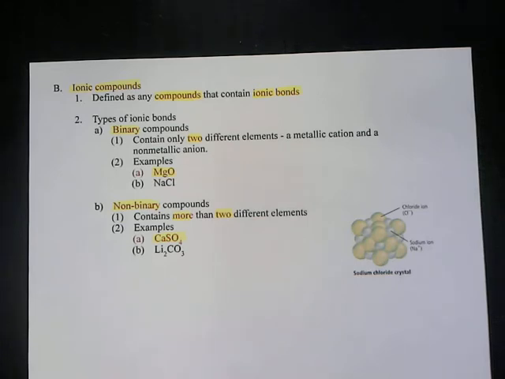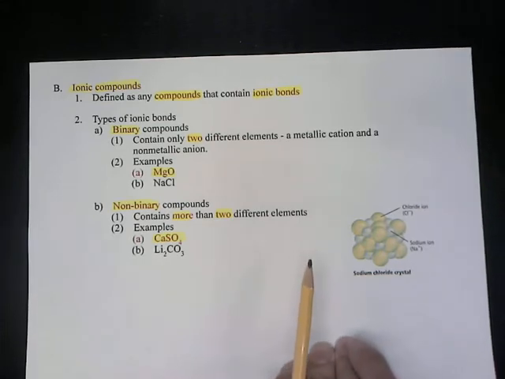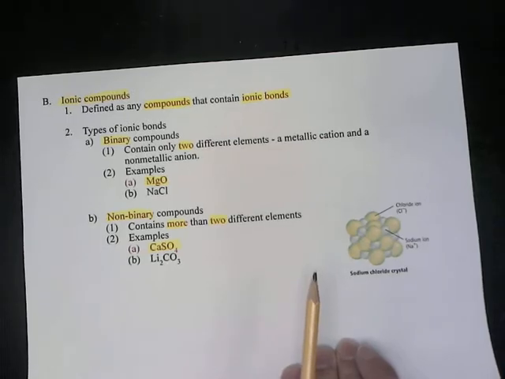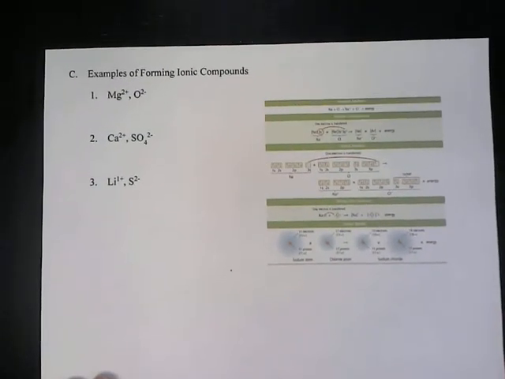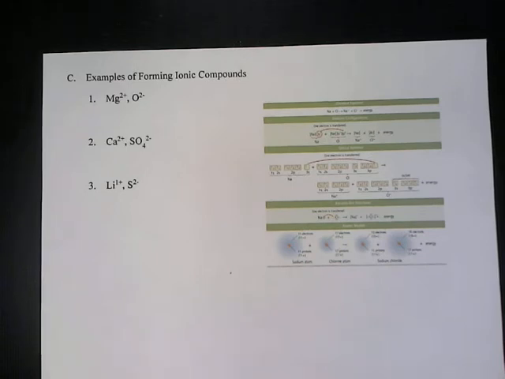Okay, let's put this all together and talk about how ionic compounds and ionic bonds play together with our electrons. I start out here with my examples, and I've already put these in their ionic form.